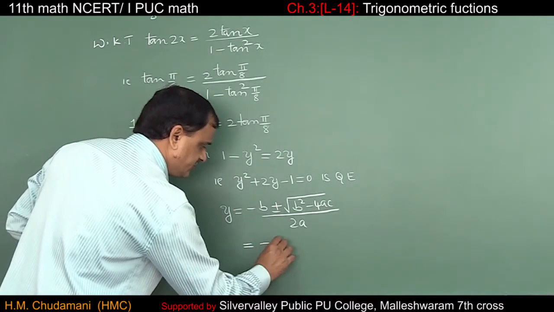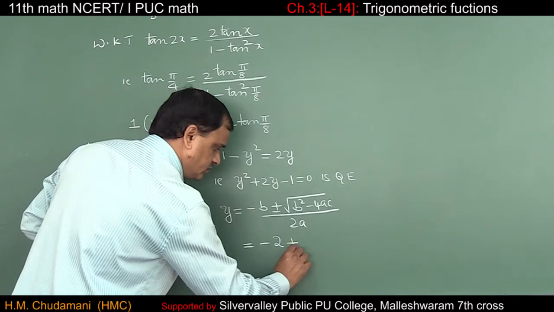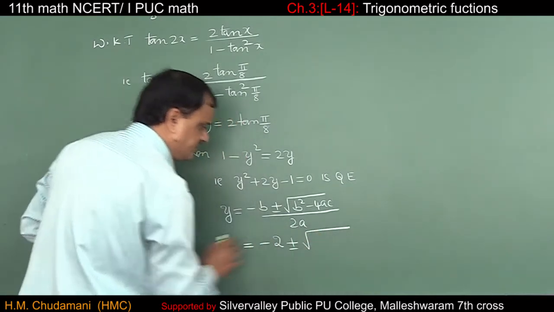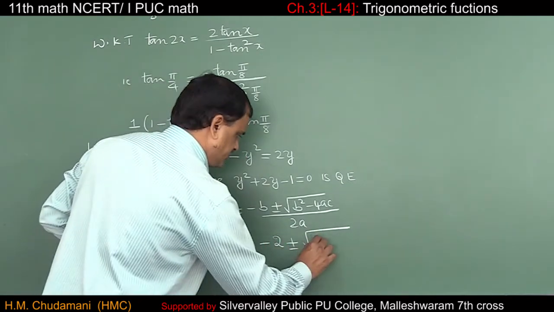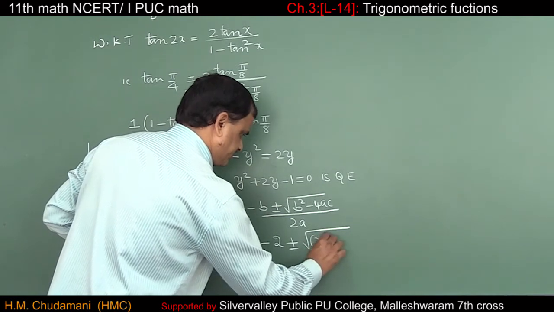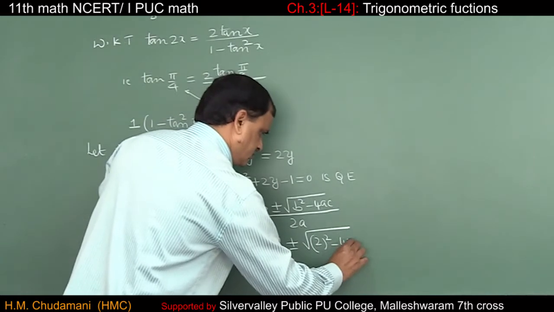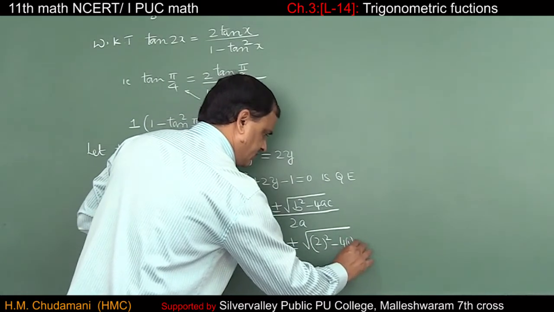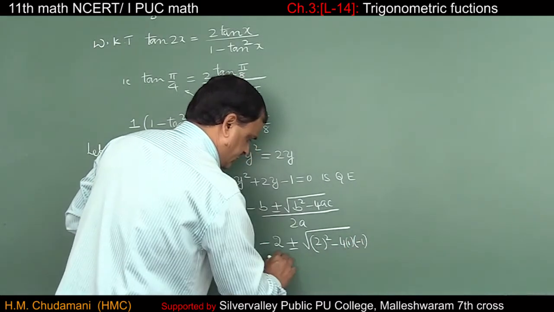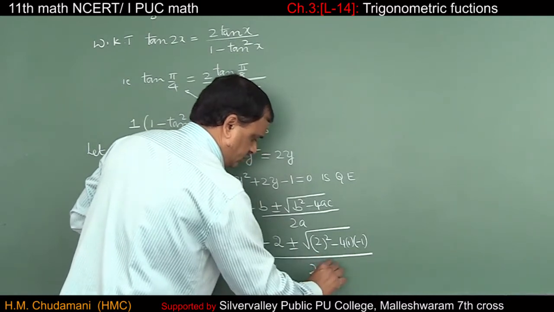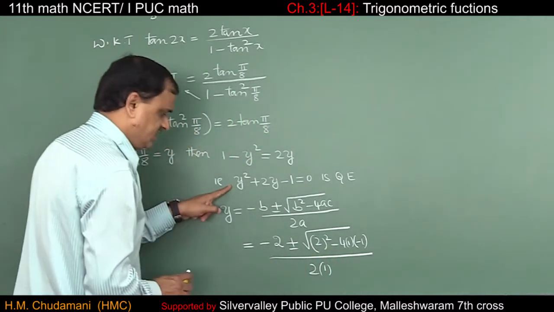See, b is 2, minus 2 plus or minus root of b square, that means 2 square, minus 4, a is 1, c is minus 1, correct, divided by 2a, a is again 1.